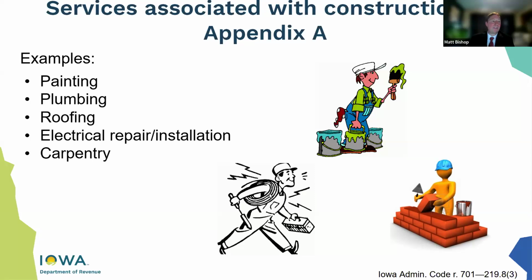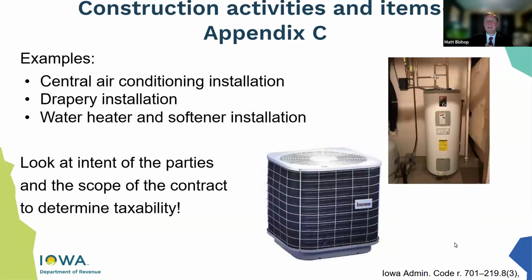We have examples in our rules that talk about what might be a construction activity associated with new construction. You can see the examples there: central air conditioning installation, drapery installation, water heater installation, softener installation. Those are the kind of things that we would consider to be bigger jobs, which would be called construction.